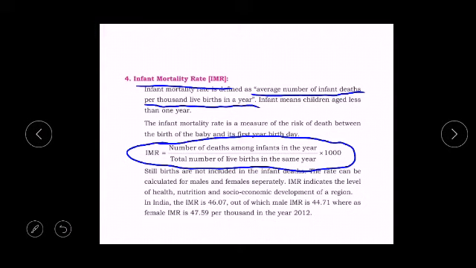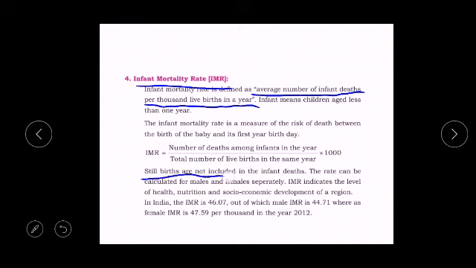Okay, so here one more thing which we should give importance to, that is, stillbirths are not included in the infant deaths. Stillbirth means a baby which was born after dying in the womb of the mother itself. That is, it doesn't take birth alive. So such infants are neglected here, they are not included in the calculation of infant mortality.